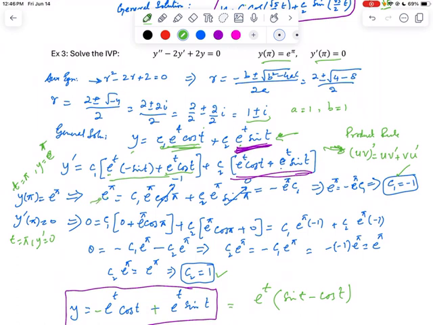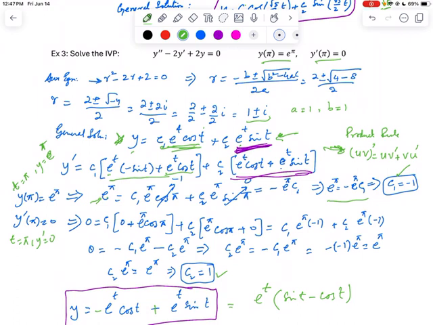Take the function equation, plug in e to the pi for y and pi for t. So we end up getting this. Now sine of pi is 0 and cosine of pi is negative 1. So we end up with the equation e to the pi is equal to negative e to the pi times c1. So c1 is equal to negative 1.